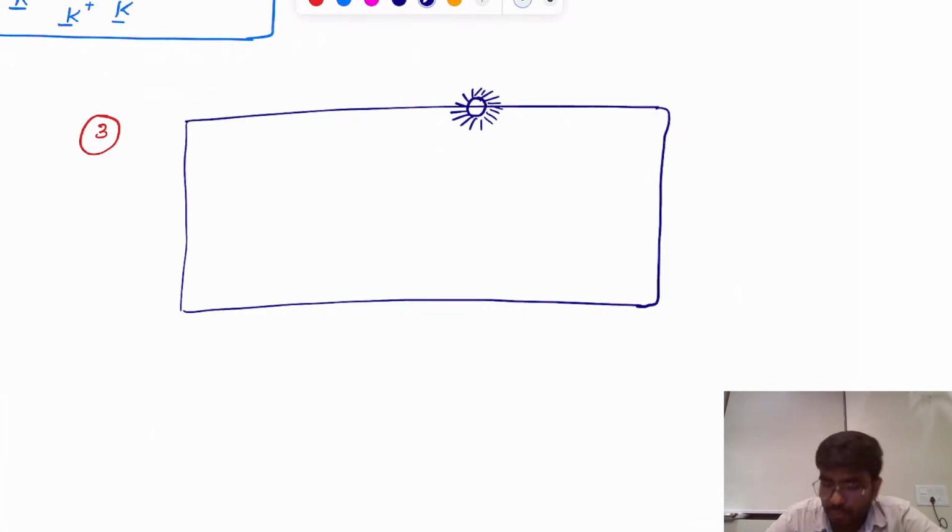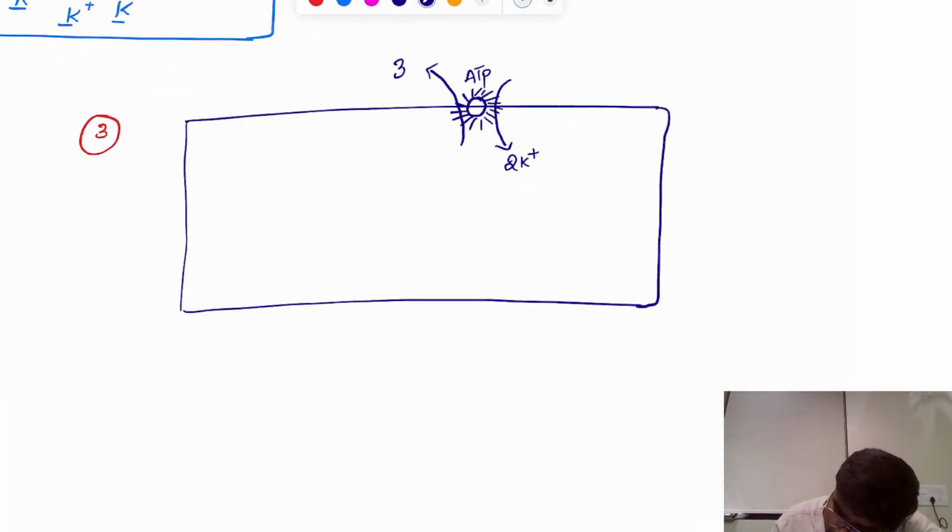Do you know the name of this protein? By using ATP, it brings two potassium ions into the cell and throws out three sodium ions out of the cell.